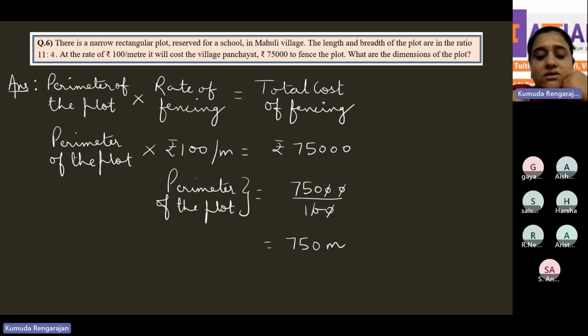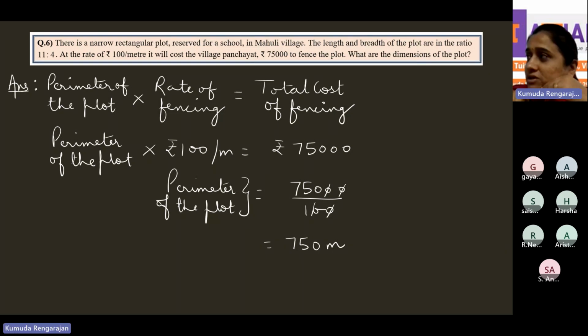He charges at the rate of rupees 100 per meter. For 1 meter of fence, he charges 100 rupees. Like this, the total cost of fencing amounted to rupees 75,000.